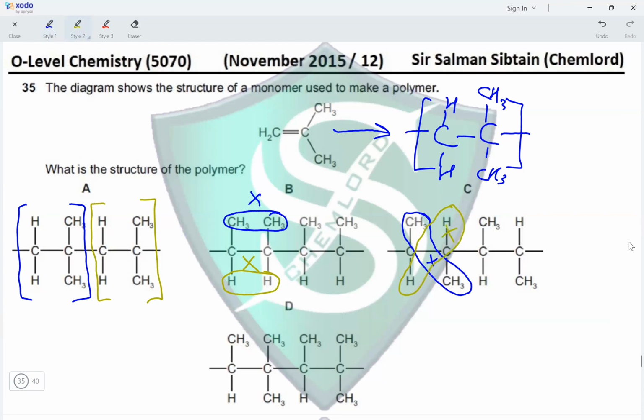This is also incorrect. And in the fourth option, we've got a CH3 and a hydrogen on the same carbon atom. This CH3 should have been a hydrogen atom in order for this option to be correct. So this option is incorrect as well, making option A the correct option for this question.